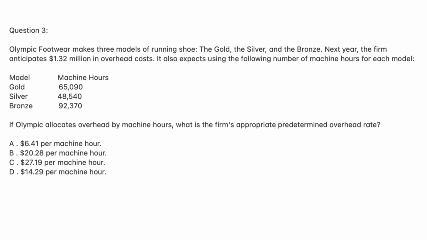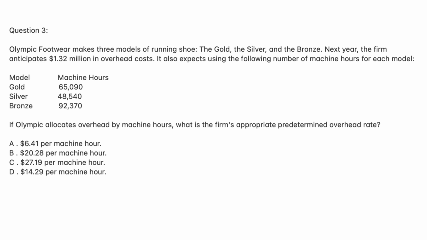Question 3. Olympic Footwear makes 3 models of running shoe: the gold, the silver, and the bronze. Next year, the firm anticipates $1.32 million in overhead costs. It also expects using the following number of machine hours for each model. Gold 65,090, Silver 48,540, Bronze 92,370.